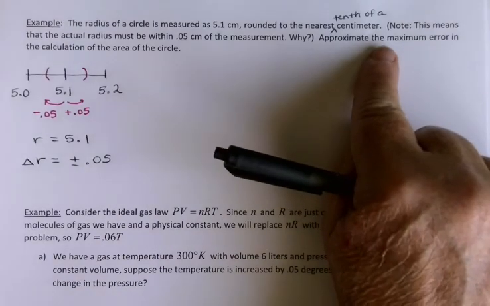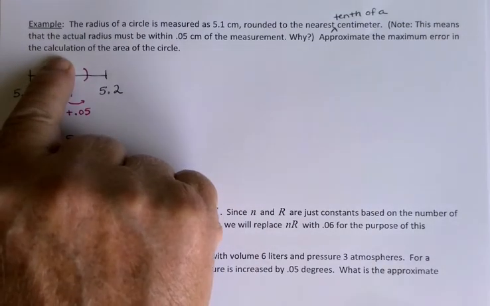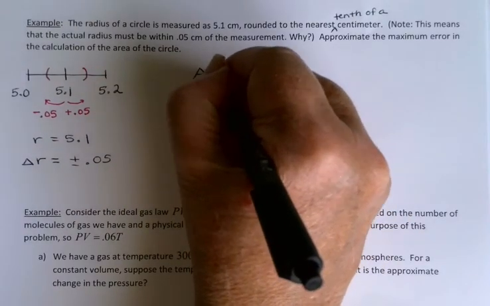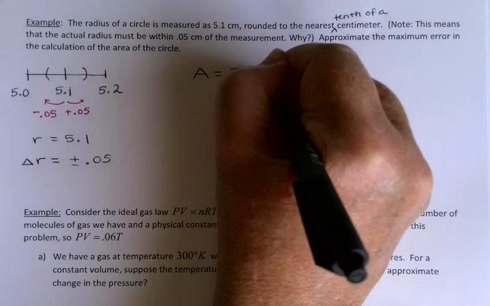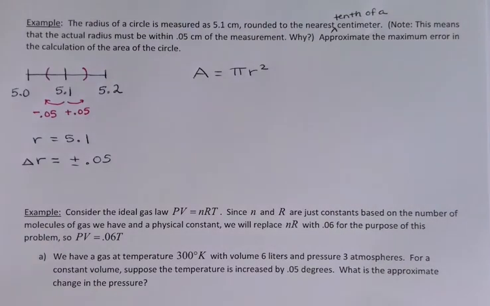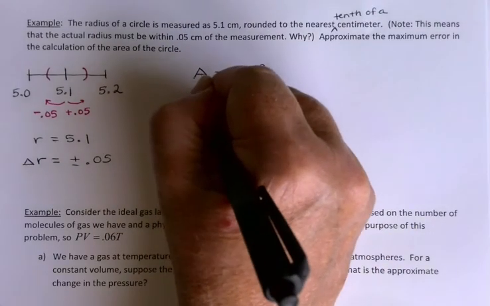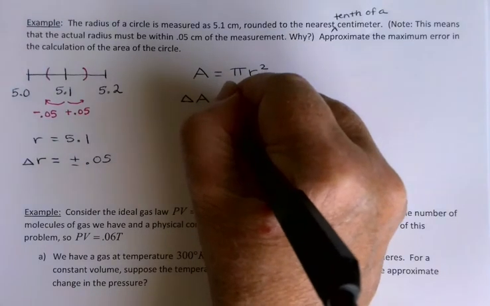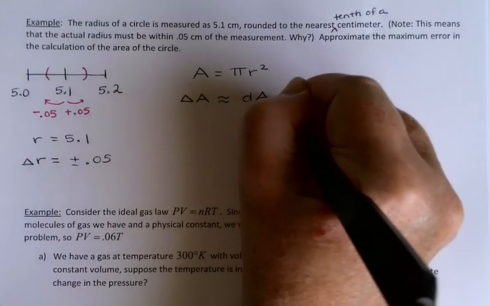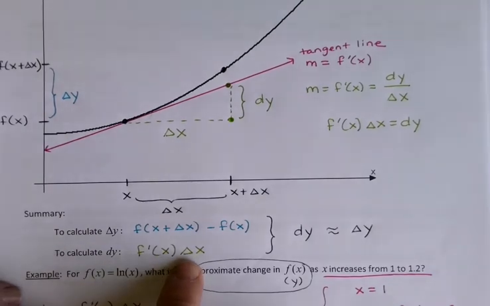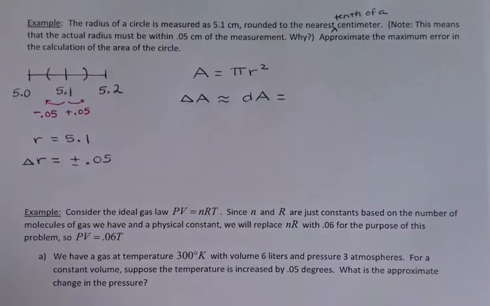I'd now like to approximate the maximum error in the calculation of the area of the circle. Well, of course, to calculate area, we use pi r squared. And so I'm going to say the actual error, delta A, can be approximated by the differential, dA. And then I'm just going to use the same formula adapted for my variables. So instead of f prime of x delta x, I would have A prime of r delta r.